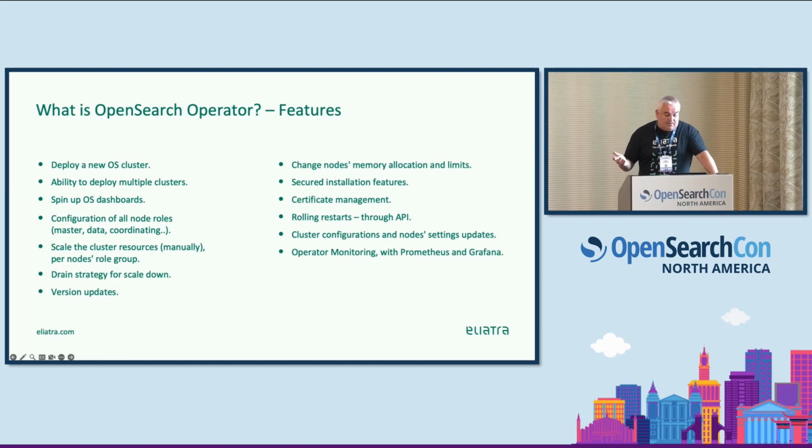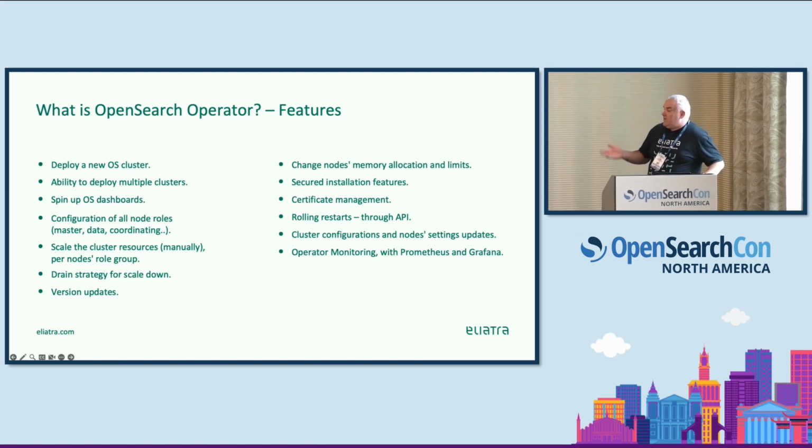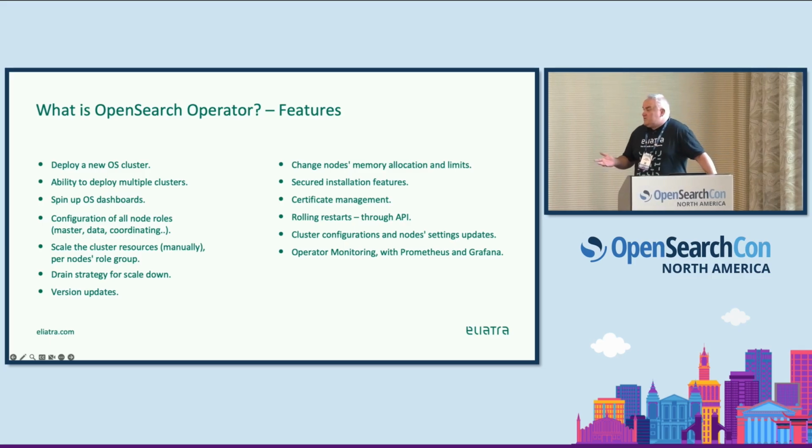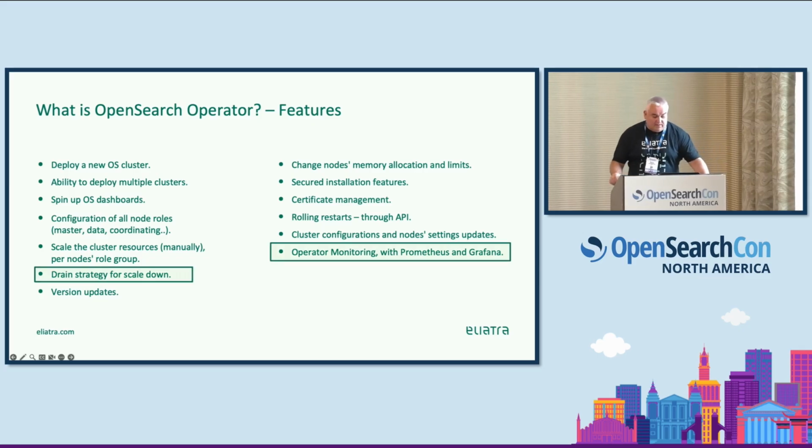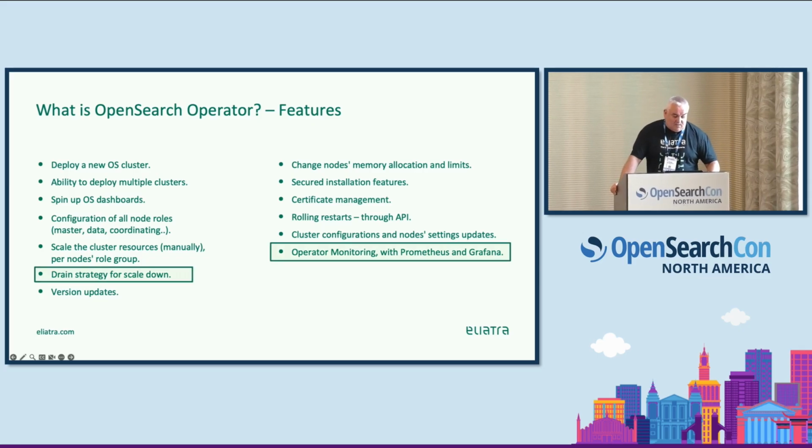As I said before, the OpenSearch operator has multiple features, deployment and security configuration, so you can manipulate the cluster as much as you want. But the main features I want to focus on today are the smart scaler, so draining the node before leaving the cluster, and operator monitoring.